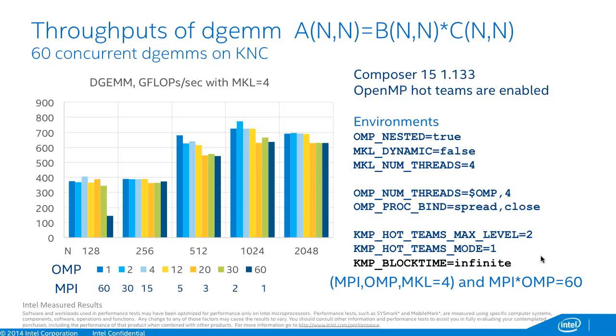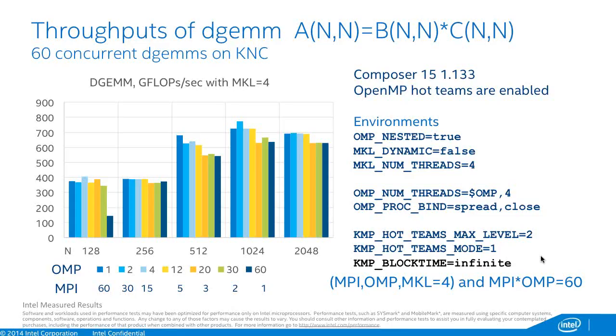The graph shows the distribution. What is the total gigaflops we can obtain through this example, depending upon the problem size? As you can see, there are some changes, but obviously for n equal 512, pure MPI using 60 MPI versus 1 OpenMP seems to give you better performance than using 60 OpenMP versus 1 MPI, even though we didn't do anything about the communication.